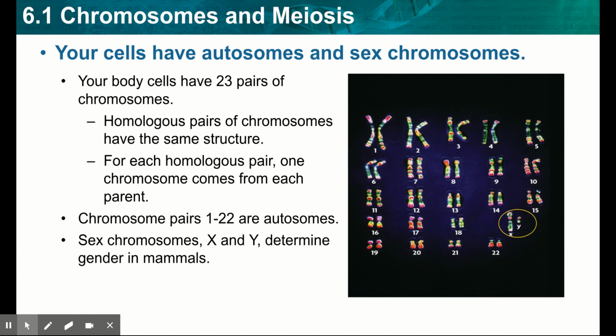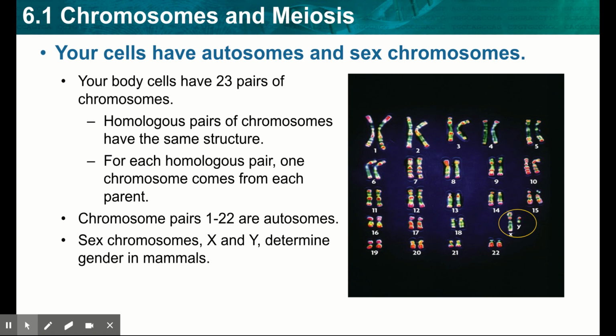When we're talking about our cells and the DNA and the chromosomes found within our body cells, our muscle cells, our blood cells, they all have 23 pairs of chromosomes. There is a certain word now.